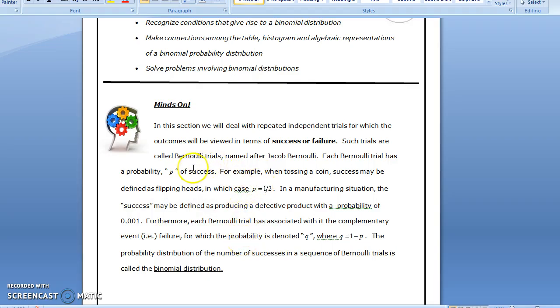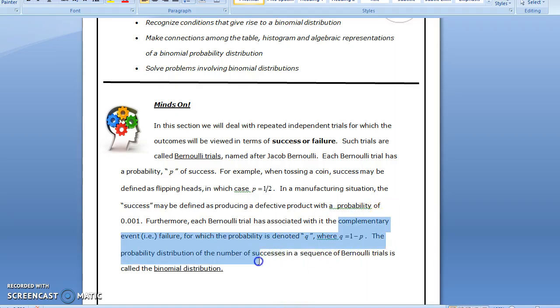So we have P, which represents the probability of success, and then we're going to have Q, which is the probability of failure. Of course, Q is equal to 1 minus P, because we know that the event either succeeds or fails, and if we add up the probability of success with the probability of failure, we should get 1.